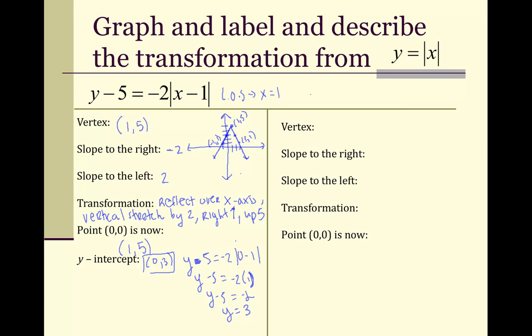For the x-intercepts, I know there's 2, but they're harder to see. I'm not giving myself much room. It's okay. I'm going to use a different color so y'all can see where I'm going with this. So the x-intercept is where I'm going to plug in 0 for y. 0 minus 5 equals negative 2 times the absolute value of x minus 1, and this can get tricky, so I would really suggest don't just assume you know algebra.